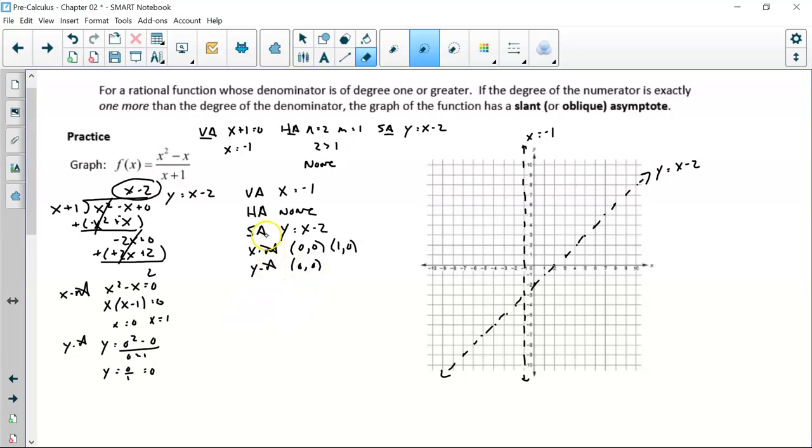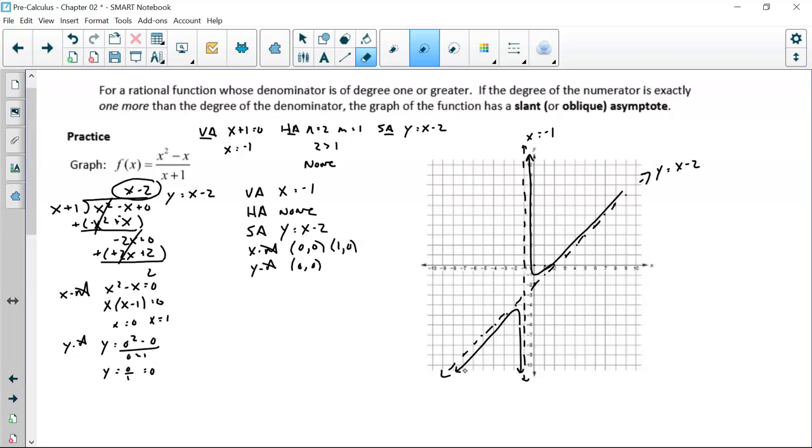You can make a table for your graph, and you'll see that it's going to look like this. You see how it kind of just brushes along the same way those asymptotes do? That's what it's going to look like. Now I'm just going to go through my domain.